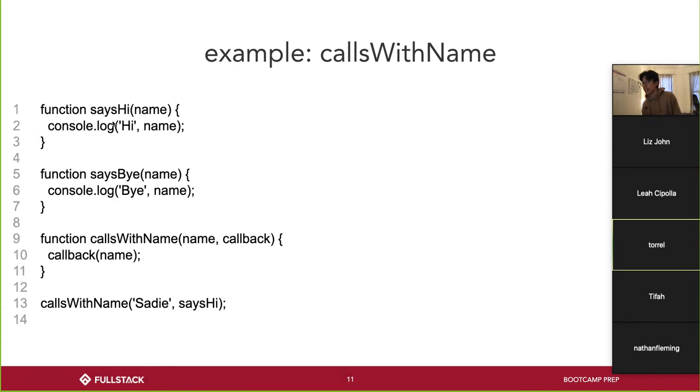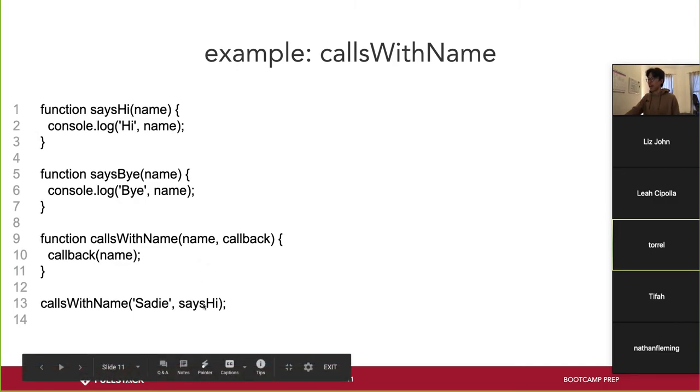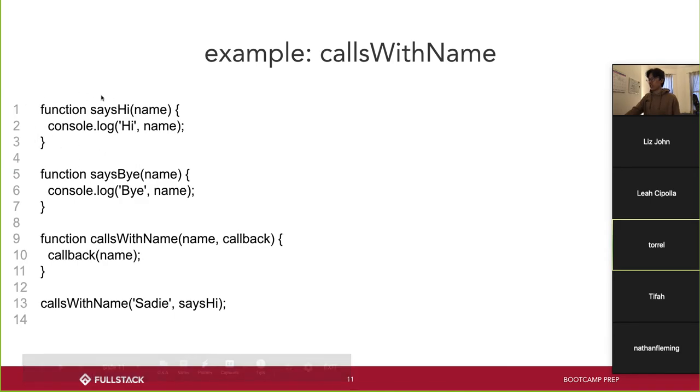It'd be hi Sadie, because you have to walk through a bit of a maze to figure out what's happening, but let's just break it down step by step. So we have says hi, and we know what this function looks like. This is what the function does if it were to be called.